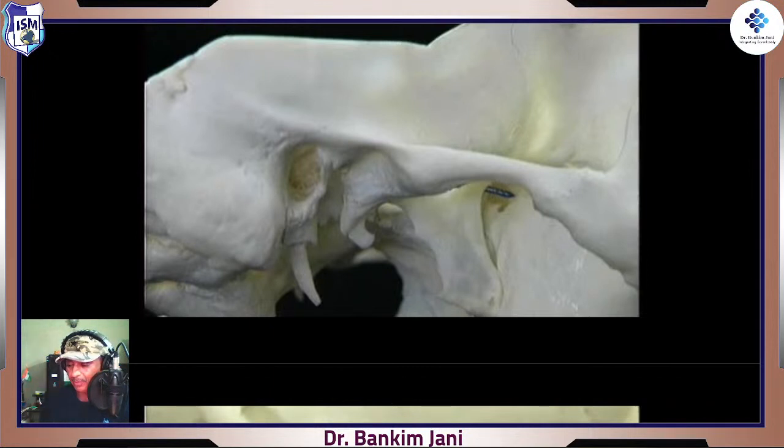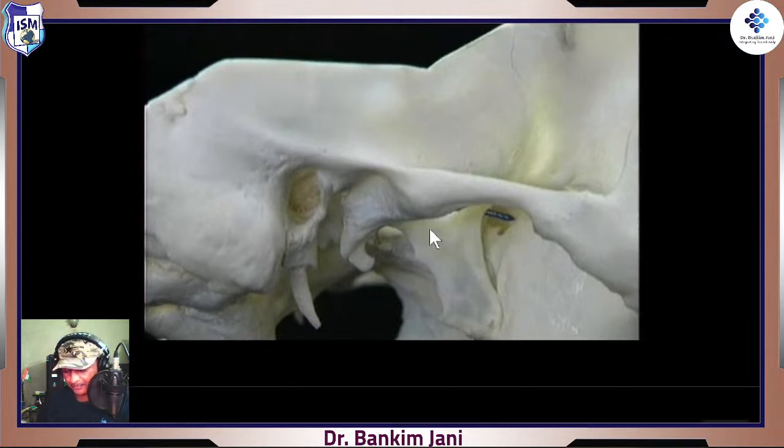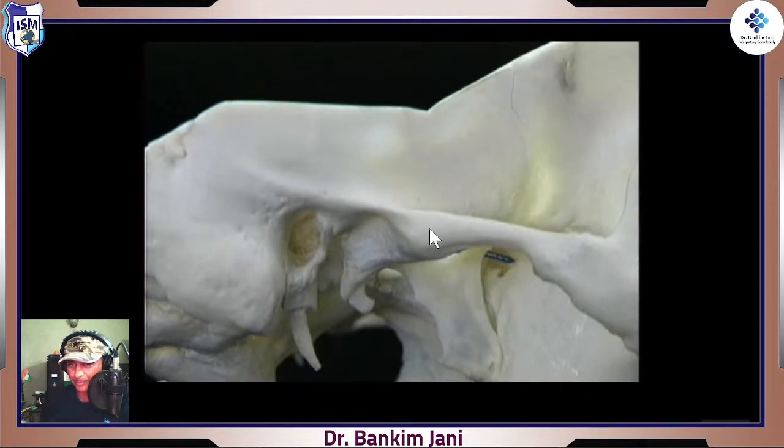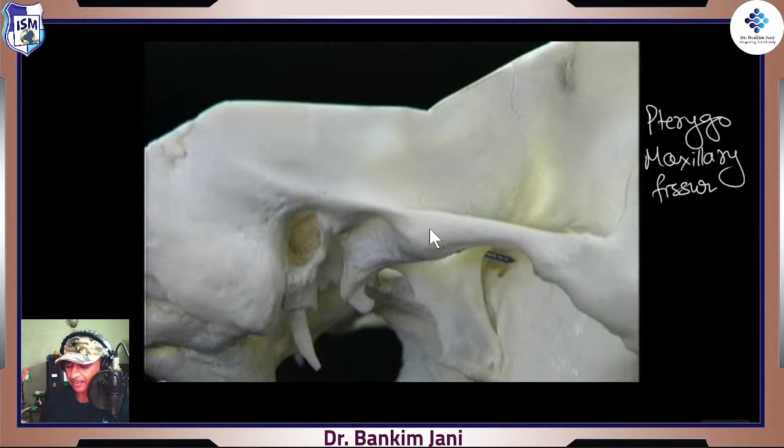That foramen rotundum would open in, ready? Pterygomaxillary fissure, right? How sweet. You know so well, pterygomaxillary fissure.